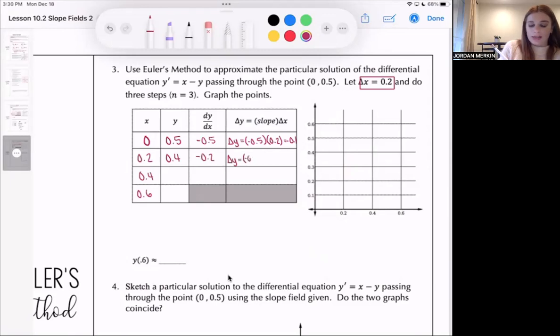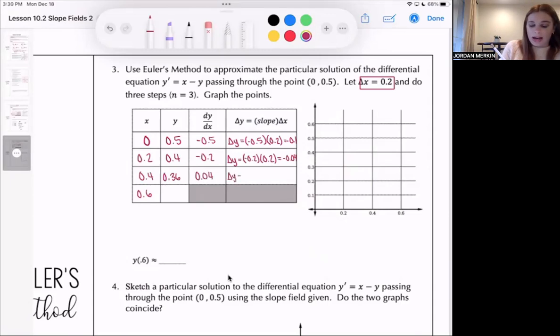Okay, so 0.2 minus 0.4, we get negative 0.2, and then we have to calculate delta y, which is your slope, negative 0.2 times delta x, which is 0.2, and we get negative 0.04. All right, plugging in 0.4 for x, we're subtracting away 0.04 from y, so we get 0.36, and then we do x minus y, so 0.4 minus 0.36 is 0.04.